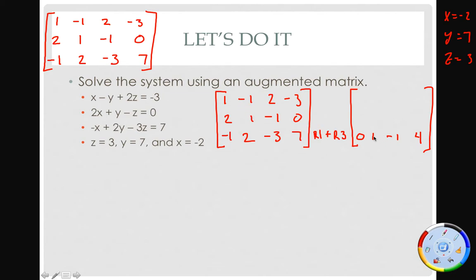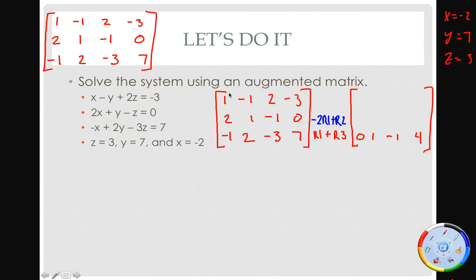But sometimes I like to do more than one thing in the same step here. So what I'm going to do now is I'm going to do something to row 2 as well. I want to get rid of this 2. So if I took a -2 times row 1, that would make a -2 in this spot, so I can cancel that. And I'm going to add it to row 2.